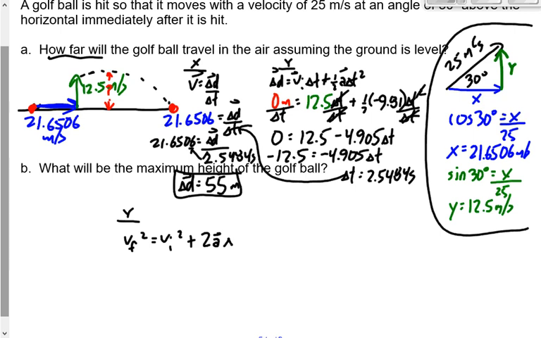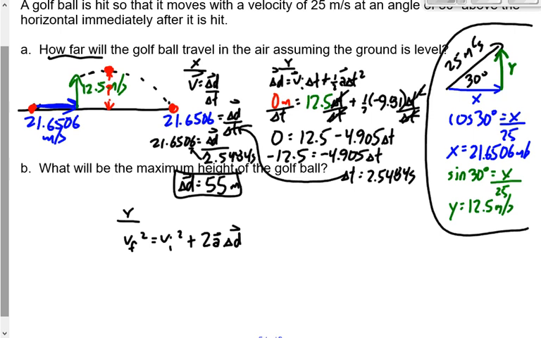When the ball reaches the maximum height, the peak height up here, horizontally, it keeps moving at 21.65 meters per second. But vertically, it has stopped. Remember, it started at 12.5, and then it slows down, slows down, reaches the peak height, and stops on the y-axis, and then speeds up as it comes back down.